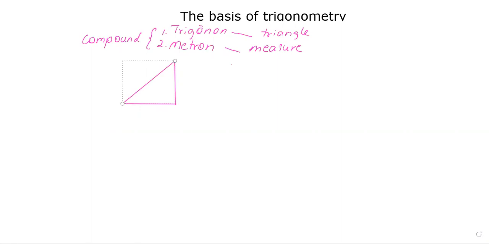Now, here, this is a right angle triangle, and you can call that angle alpha. And I can call this A, call that one B, call that one C. What is of most interest here is that word tri.